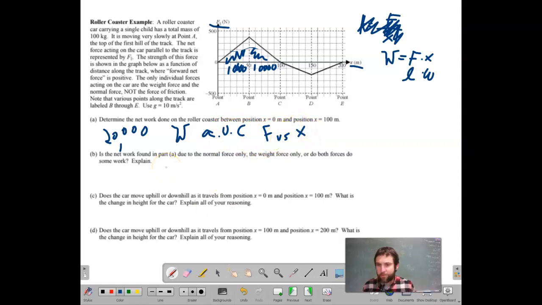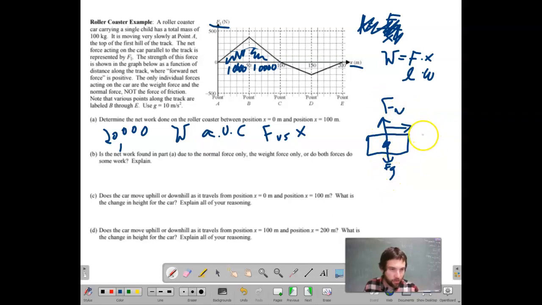Is the net work found in part A due to normal force only, the weight force only, or do both forces do some work? If you think about what's happening, you have a car moving along a track. We have the normal force going up, and then we have gravity going down. It's a roller coaster, so no matter what, even on one of these curves, the normal force is perpendicular to displacement.